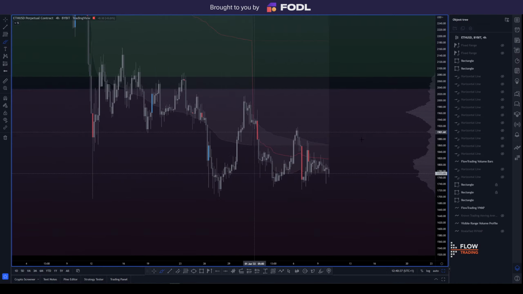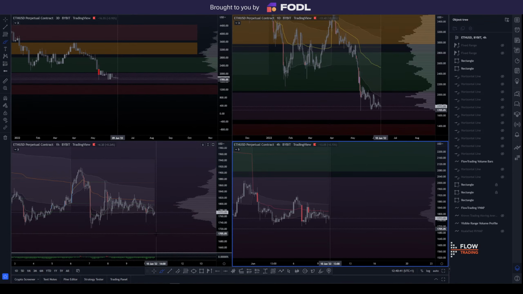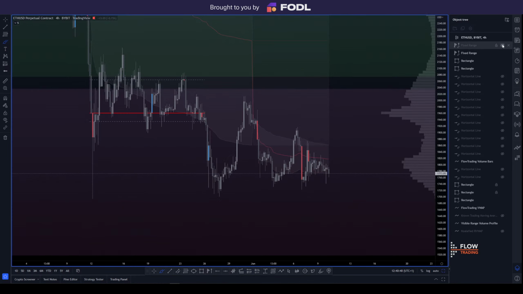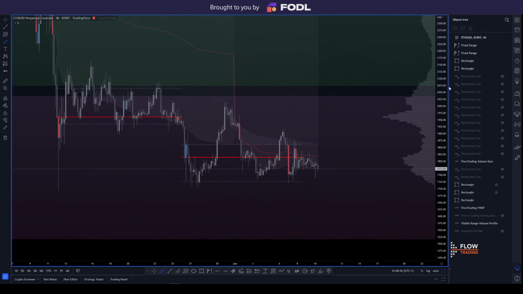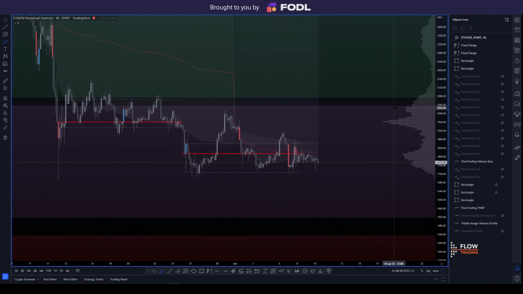So let me just take those areas of balance off. In fact, no, I can leave them on. Pretty sure I had a fixed range profile. Oh yeah, I had a couple of range profiles there, look. So we had two areas of balance on Ethereum. One was here, when we lost that first level between the two rectangles at the imbalance area, when we lost that $2,000 level.